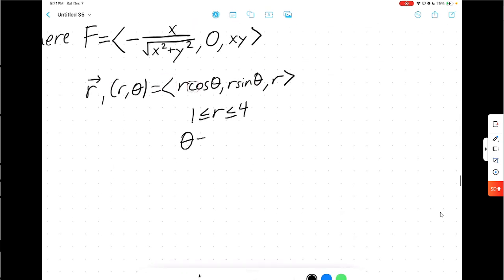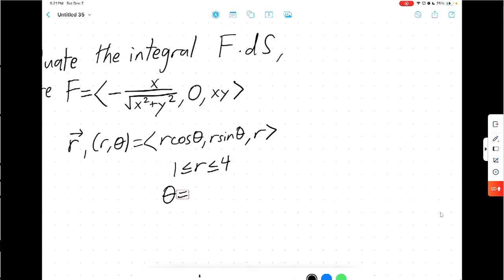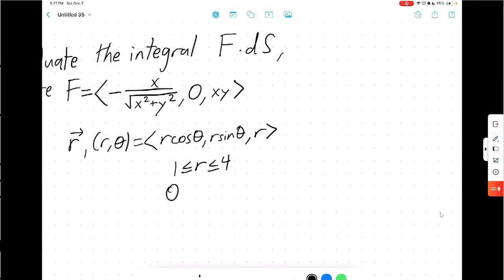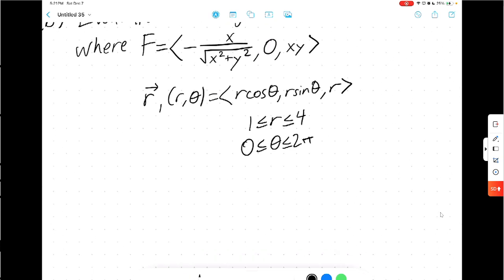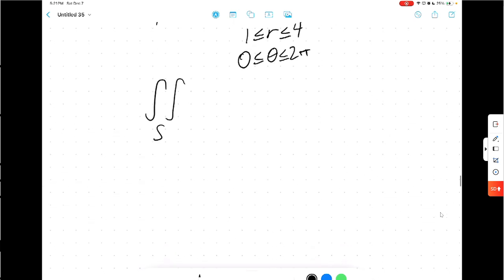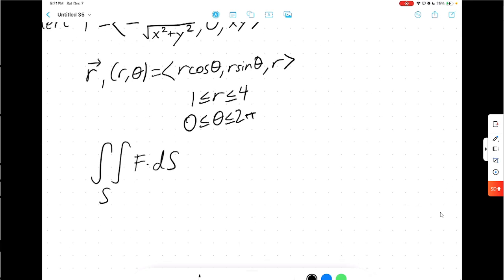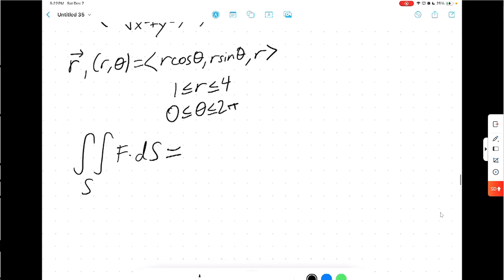And because x and y have no restriction, they could be negative or positive, we'll have theta go from 0 to 2 pi. Because there's no restriction on theta. So for the integral over S of F dot dS, this is where a bunch of new stuff actually comes in. These are the right bounds.